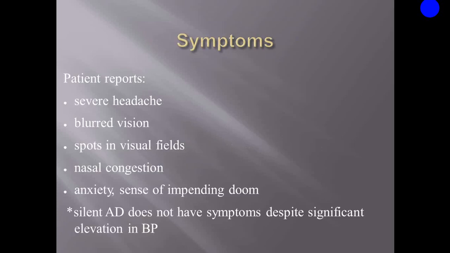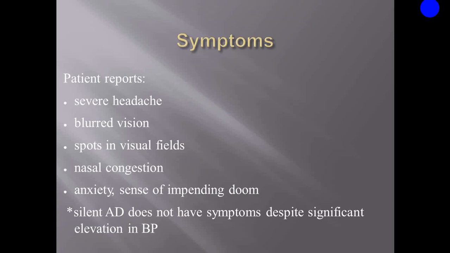The symptoms that appear in the patient with autonomic dysreflexia: the patient reports severe headache, blurred vision, spots in visual fields, nasal congestion, anxiety, and a sense of impending doom.